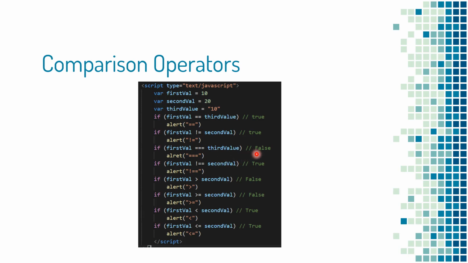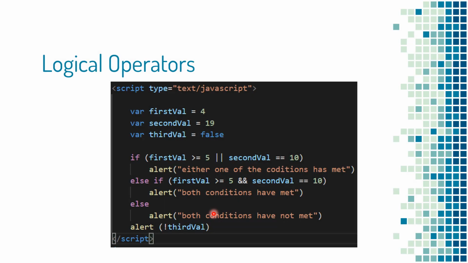And here, obviously, it's false, because they are identical in value, but not identical in data type. This one is a number and this one is a string. Also, as in any other programming language, you can use greater than or equal, and less than or equal.